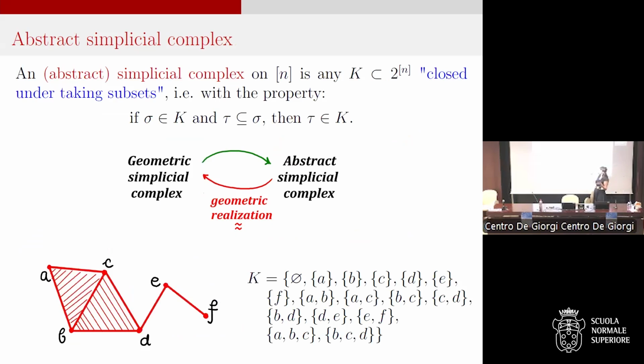We have the abstract simplicial complex, which is just a family of sets that is closed under taking subsets. And we have this nice correspondence. Of course, a geometric simplicial complex has its underlying abstract simplicial complex, and vice versa. For every abstract simplicial complex, we have a geometric realization, and all of them are topologically equivalent.